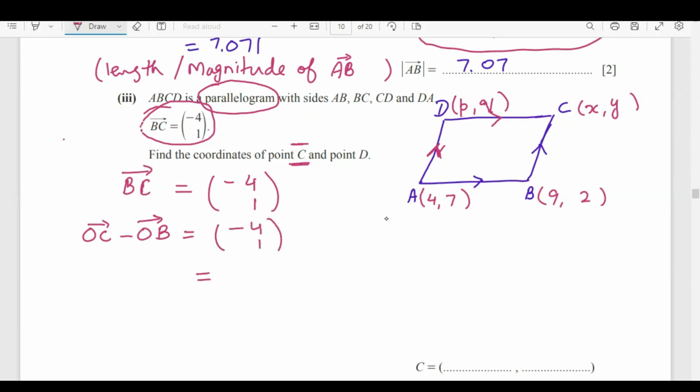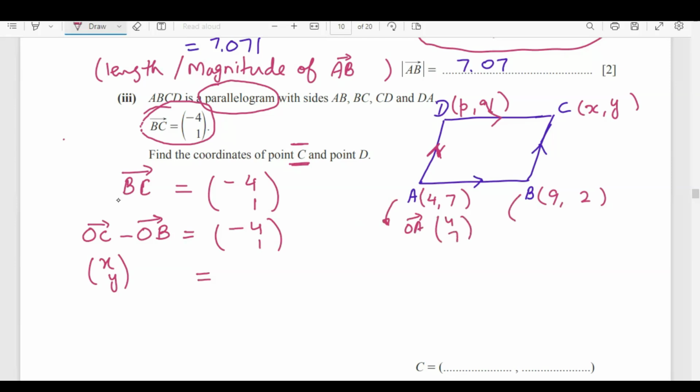Now write down the vectors in place of OC. The OC vector is X, Y, because there is a coordinate and you have to write it in vector form.